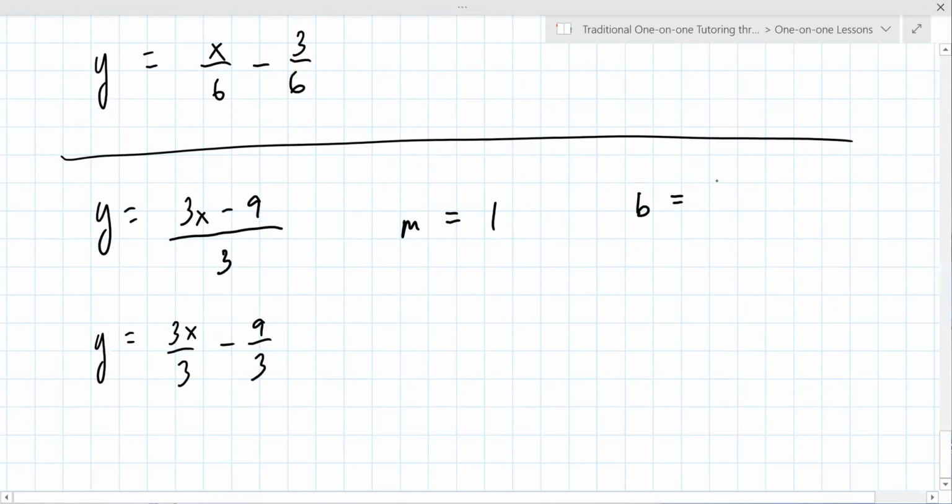What about b? Negative 1/3. Oh wait, no. Negative 3. -3, good.